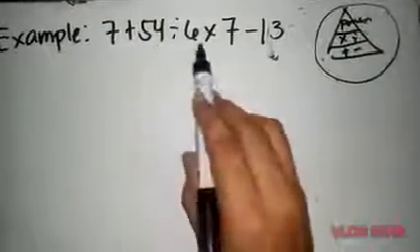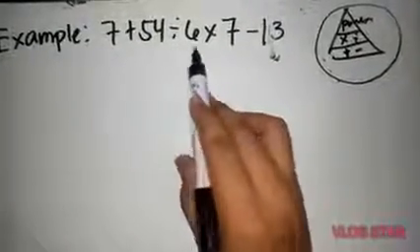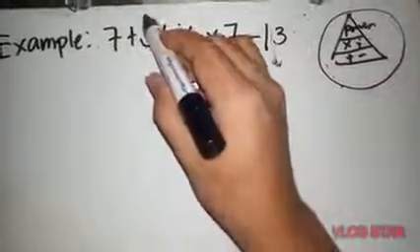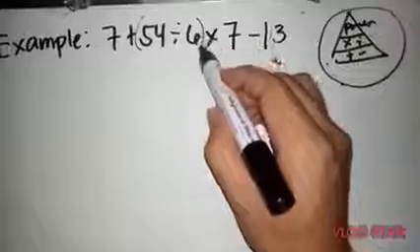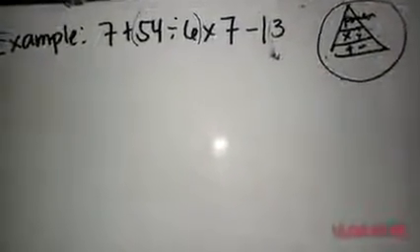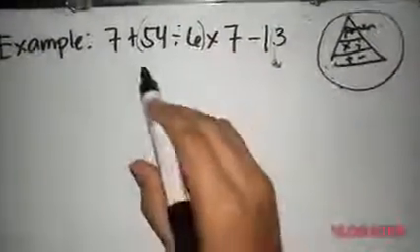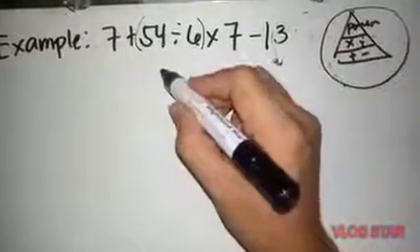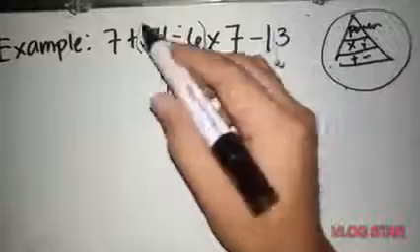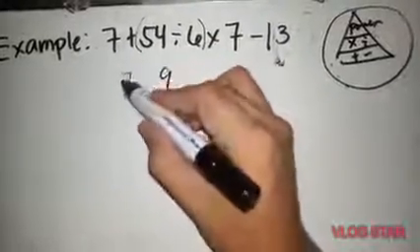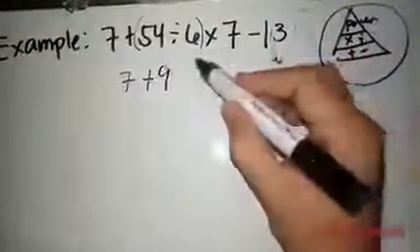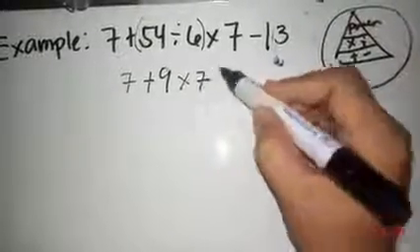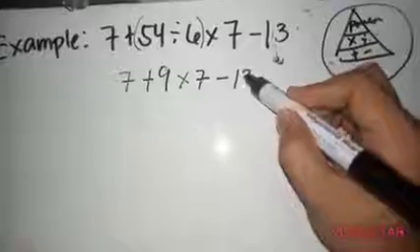You can see here that division comes first before multiplication. So we will evaluate this first, 54 divided by 6. 54 divided by 6, the answer is 9. Then copy 7 plus, then times 7 minus 13.